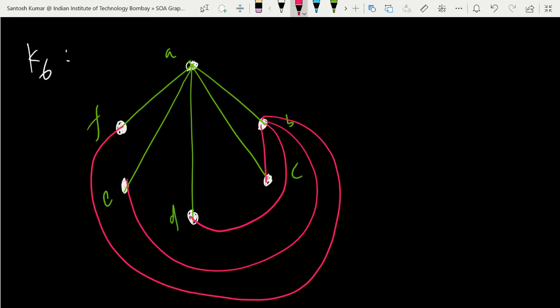Now A, B, C. So the problem is here. How will you join this C with E or F? Obviously you will be stuck. Anywhere you go, you have to cross an edge. So without crossing, you cannot draw.